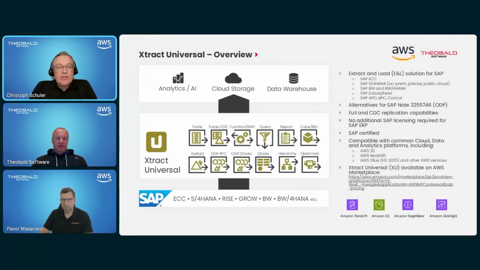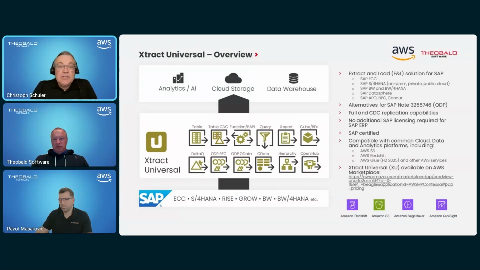Let's take a closer look at the solution for extracting SAP data and replicating that data to AWS. The solution is called Xtract Universal, and I'll highlight a few key aspects of how it is helping customers. First, the solution is compatible with all common SAP applications.